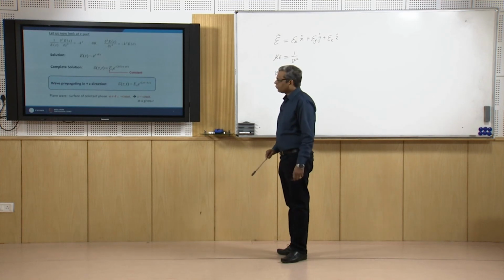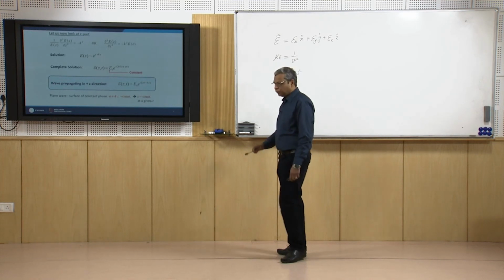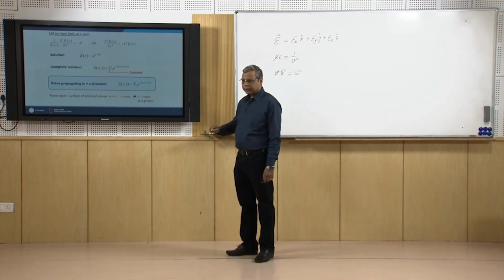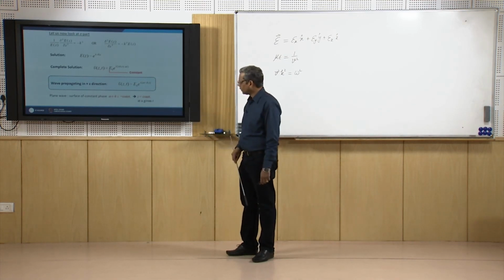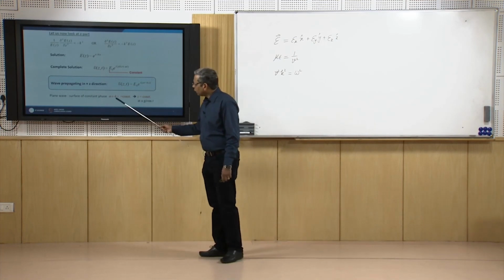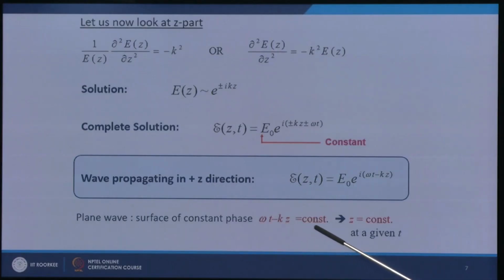Let me find out at what velocity this surface of constant phase is moving. For that, I differentiate this.